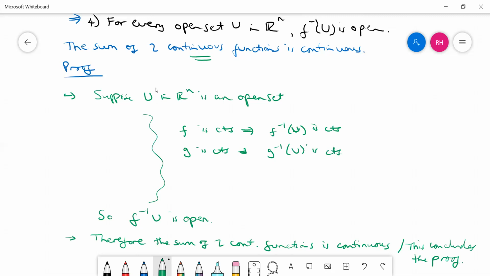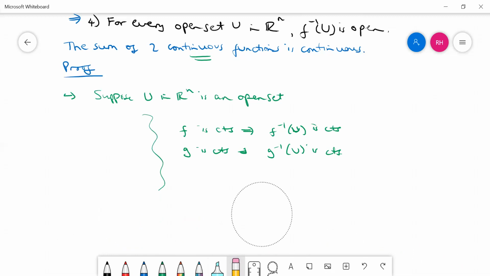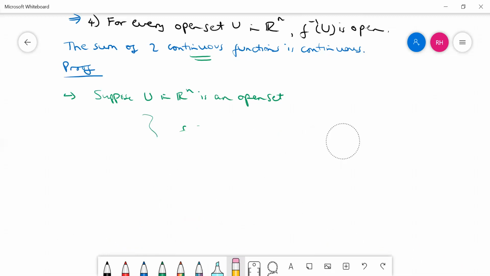Okay, so I'm starting to get a bit of a feel for how this might work. So now what I think we should do is rub this out and draw a diagram, and then I think we'll be in a position to start the proof. I'm trying to go through this slowly and logically.